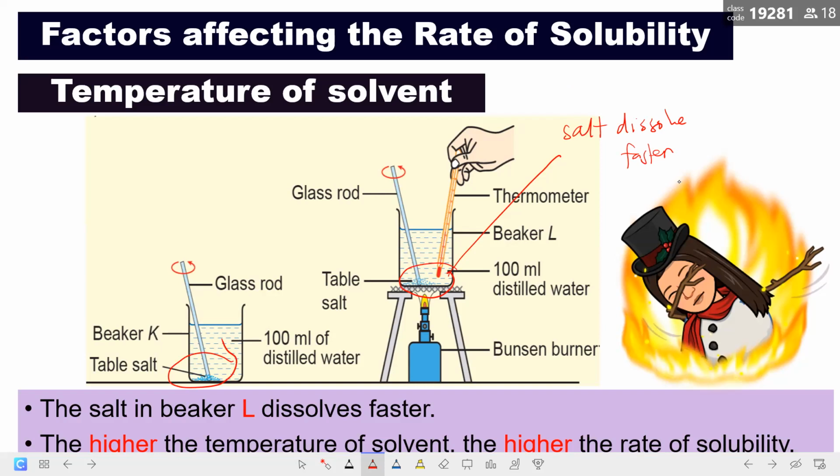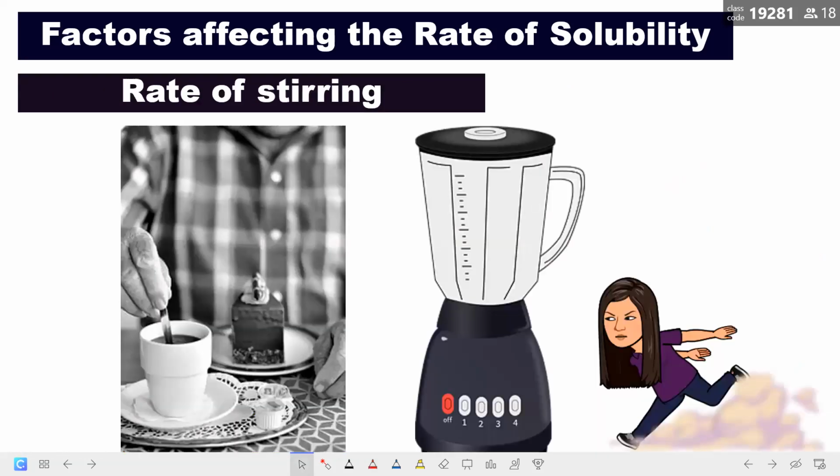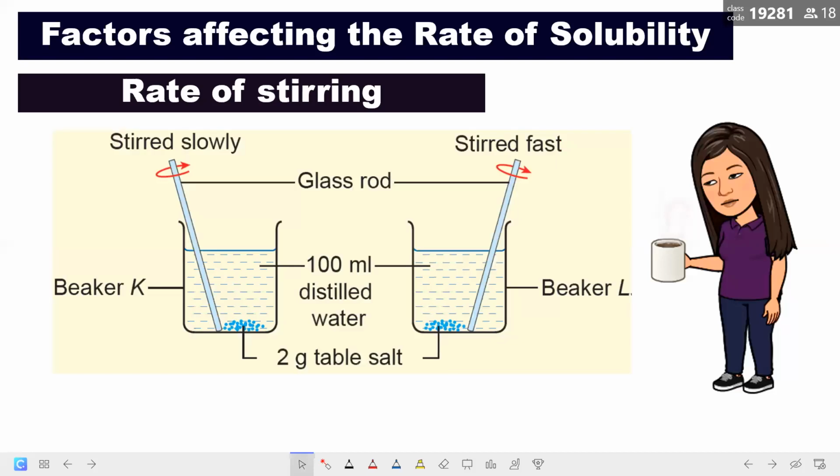Okay, that's temperature. The second one that we are going to do is stirring. Now this one is also a no brainer. If you've got one that you stir very fast and another that you stir very slow, which one is going to be soluble faster?